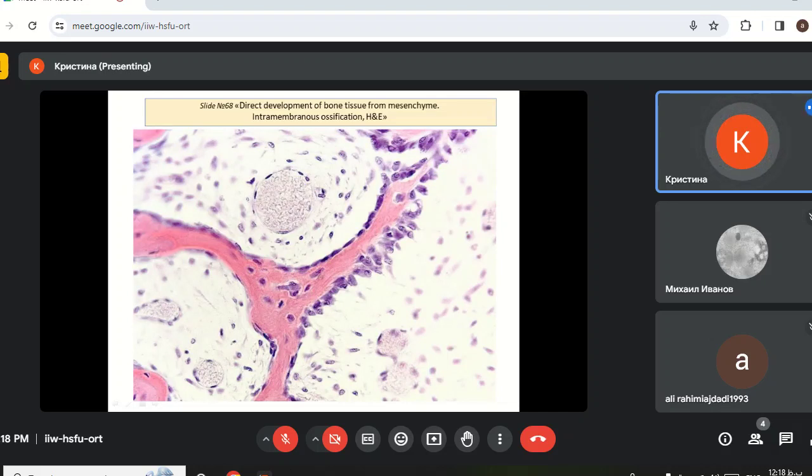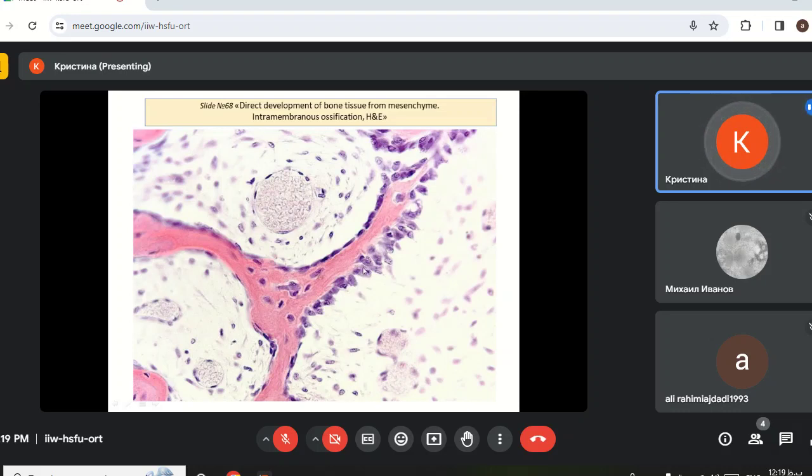Another example of this preparation: this is the bone spicule, pink in color because of collagen fibers, with some osteocytes embedded inside it. Osteoblasts are non-active in this area, and active ones in this area.